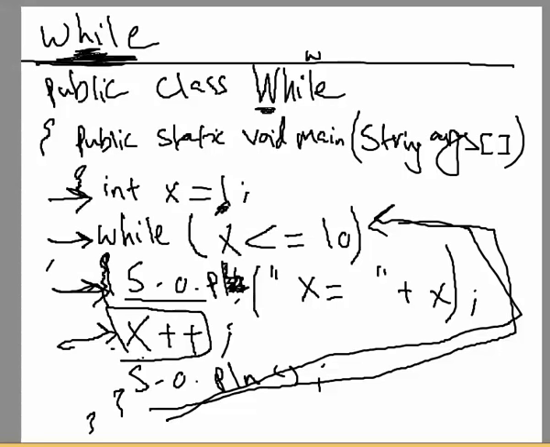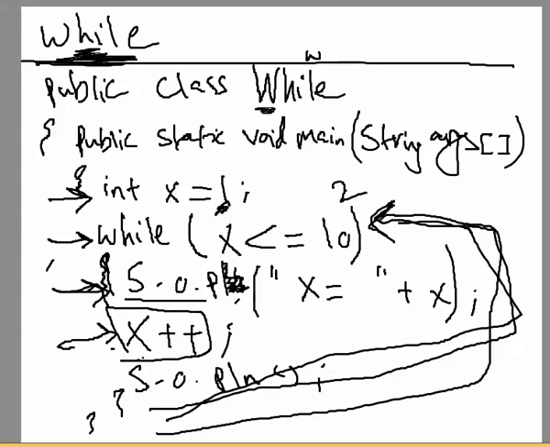But by having x plus plus, if we go back to the while, what's the value of x now? It's 2. If we finish and go back, what's the new value of x? It's 3. And so forth until we have the value of 10.